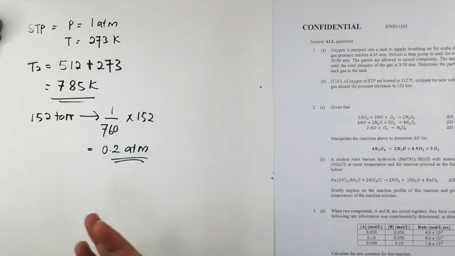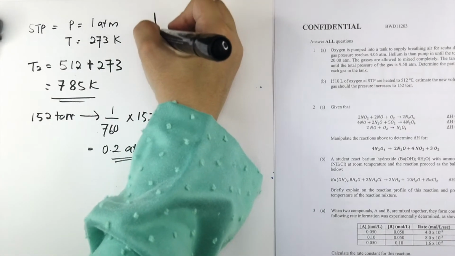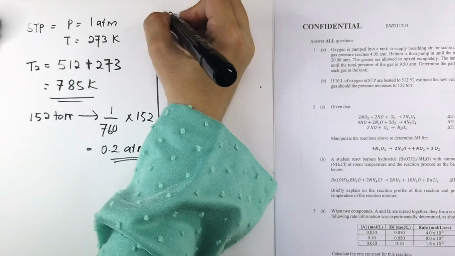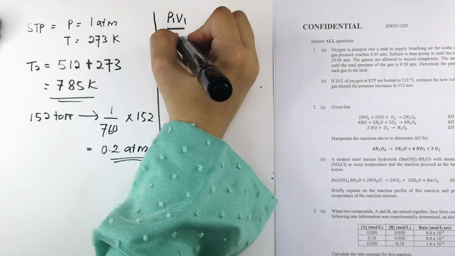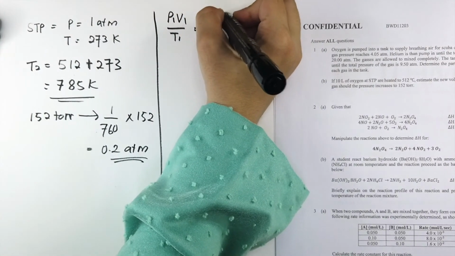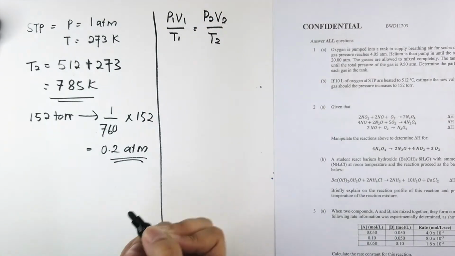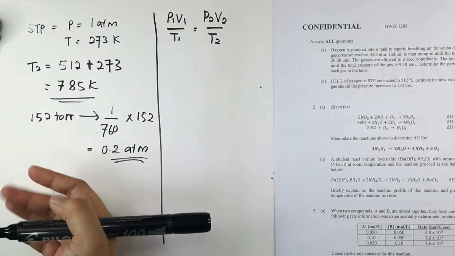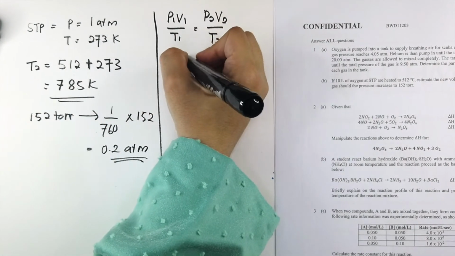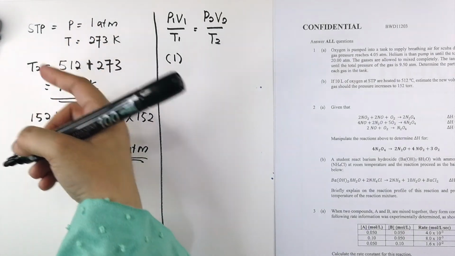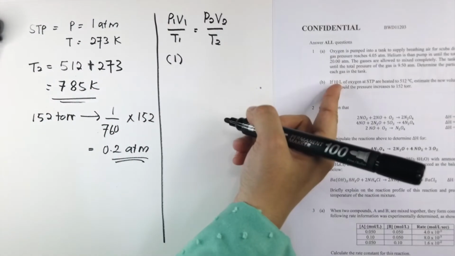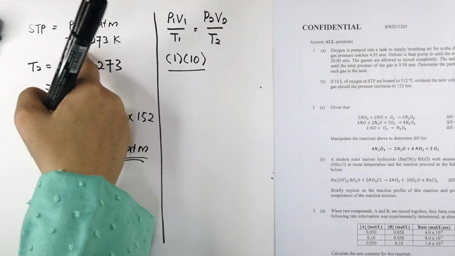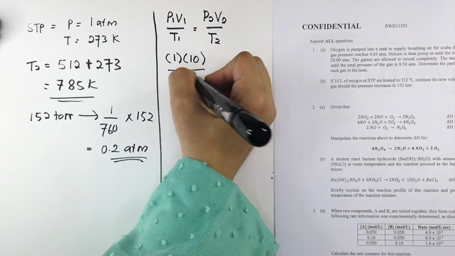Next, what do you need to do? You need to use the combined gas law formula: P1 V1 over T1 is equivalent to P2 V2 over T2. All of the values are actually given in the question. Initially it's at STP, so 1 atm, and the volume stated here is 10 liters, so 10. The initial temperature at STP is 273.